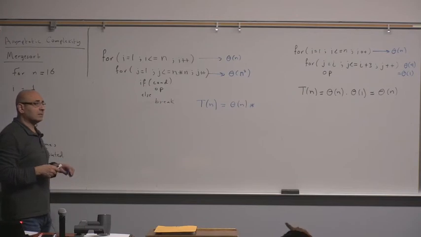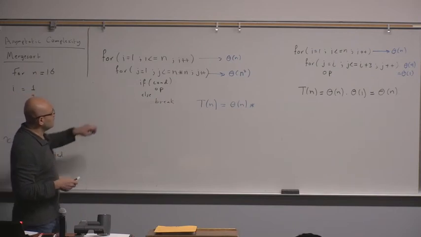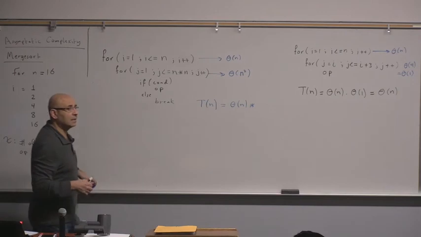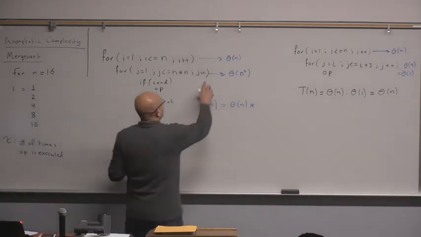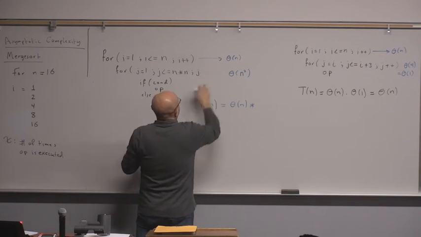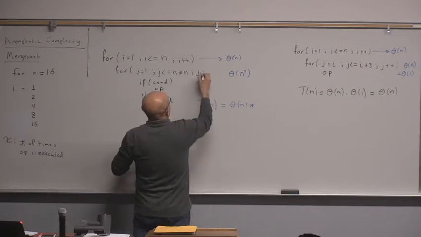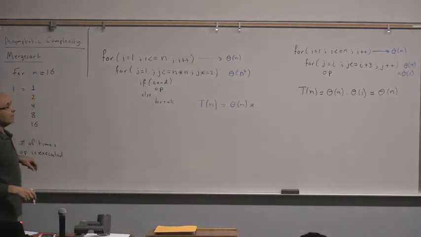So yes. In this example, if we do j equals j into 2, what will be the time complexity? Log n. Okay. So j multiplied by 2. What will you get in this case?